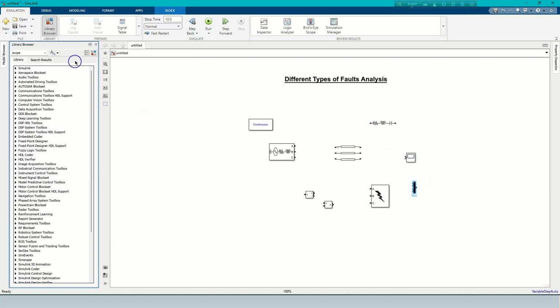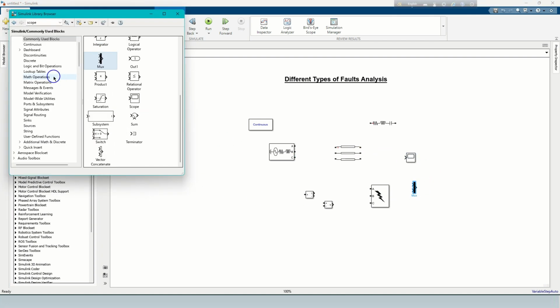Multiplexer block in Simulink is used to combine multiple input signals.